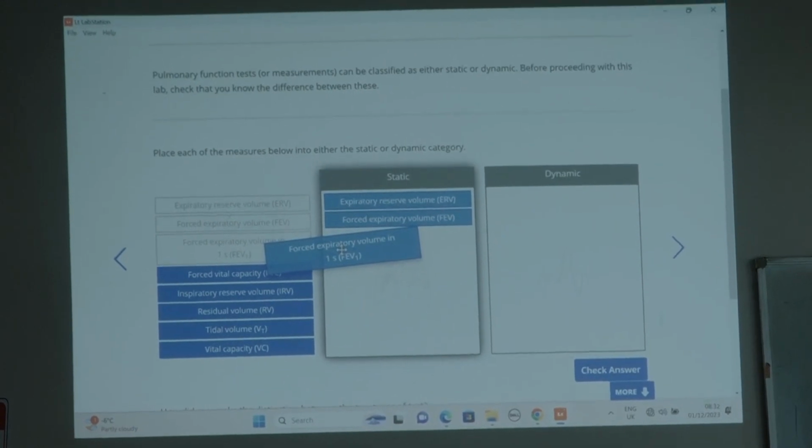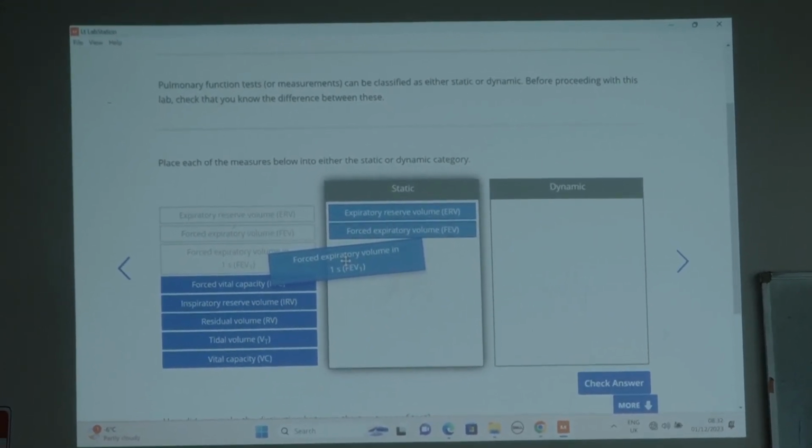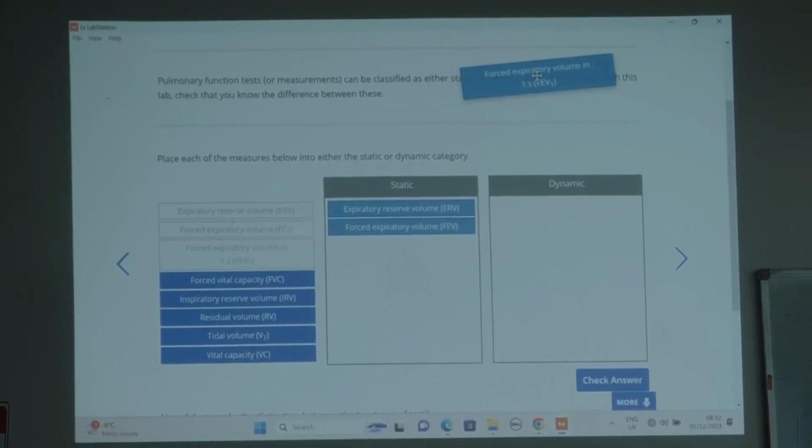So tell me where I should take this one, first or second? First. Good. Where do I take this to? Where do I take this? We are not sure, so should I throw it away?